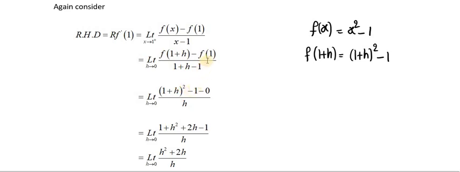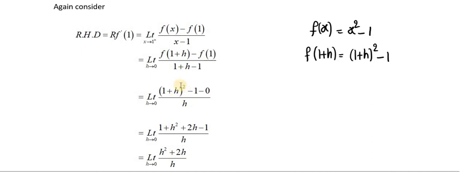At the starting itself we calculated f of 1 value, that is 0. In the denominator plus 1 and minus 1 get cancelled. So we are going to get h as denominator.